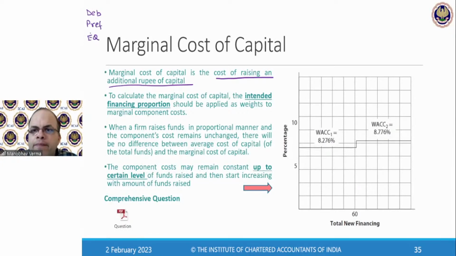Within equity, there could be normal equity shares and retained earnings. If the business has to expand and the company plans to use the same proportion in which it is currently holding the capital, you may have to calculate it. Let's take an example.